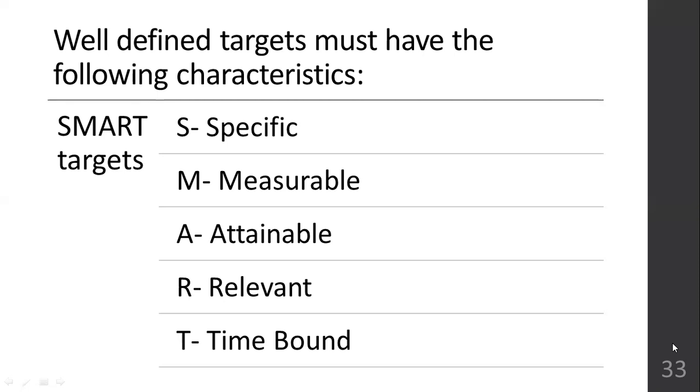I'm not giving all that. So I have to be specific. I will be taking 5 more extra classes in quality control by the end of next year, by the end of December. So that is more specific, measurable.